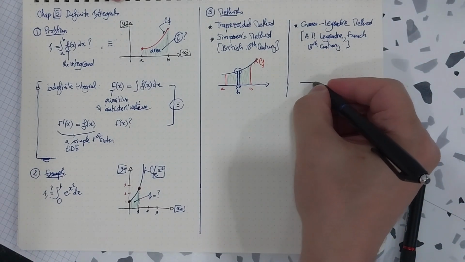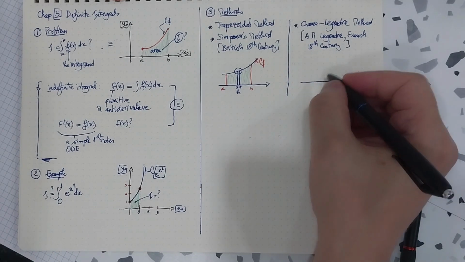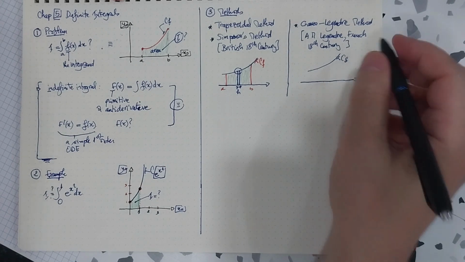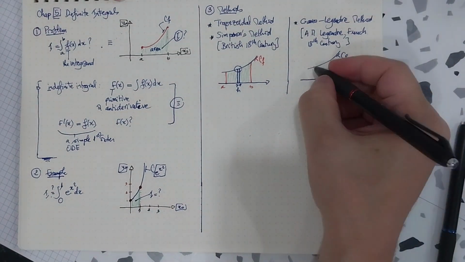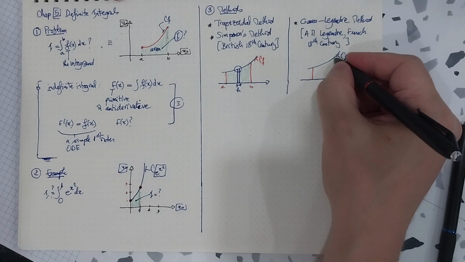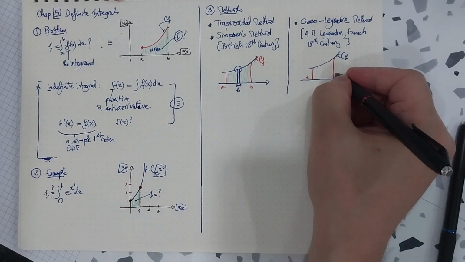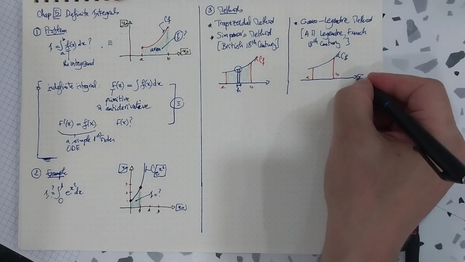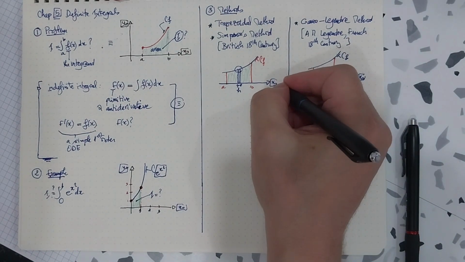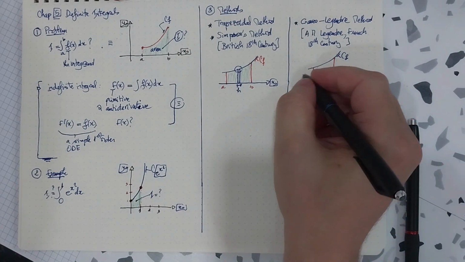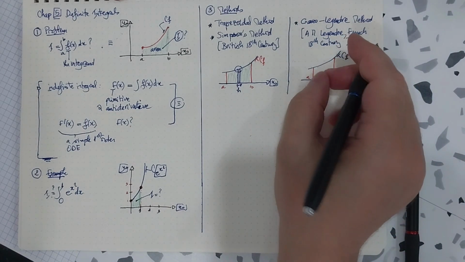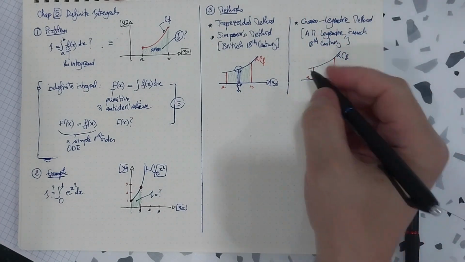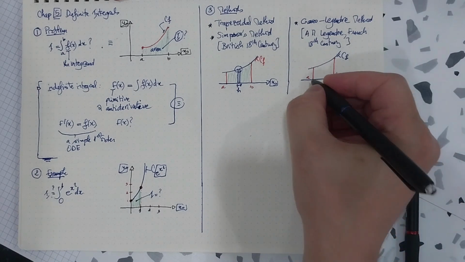Here, the idea is to use, this is the curve of f, the integrand, and these are A and B. But here we don't use a strip. On this axis, we use a number of points that have a particular distribution called Legendre distribution.